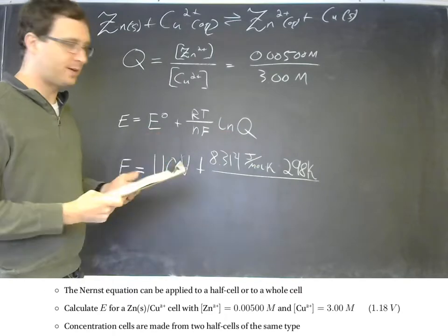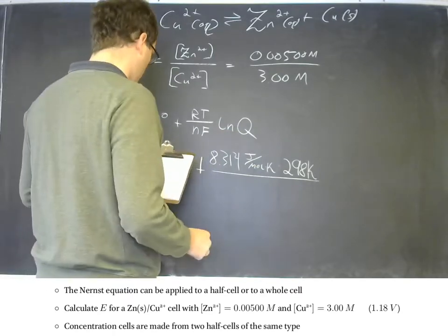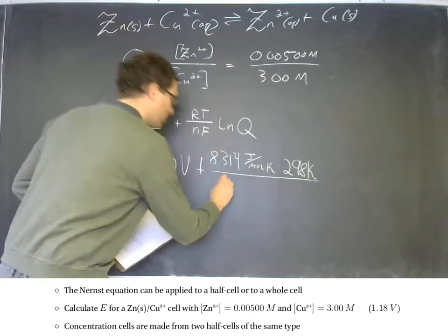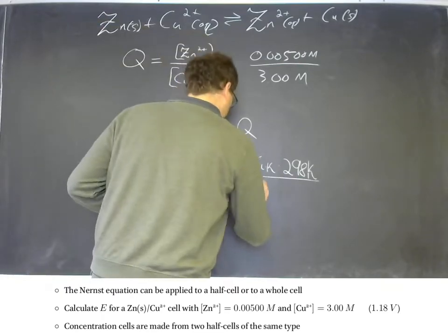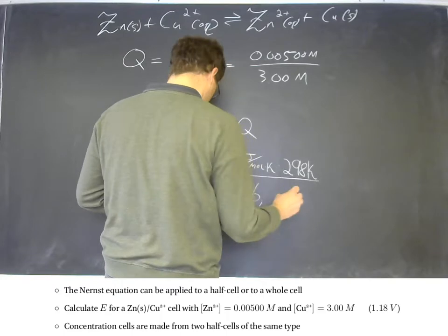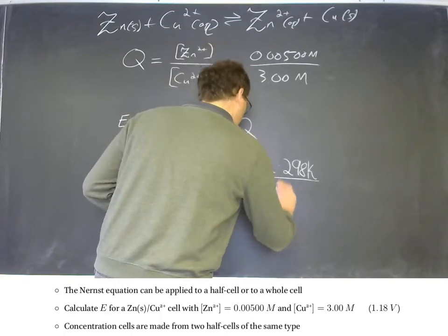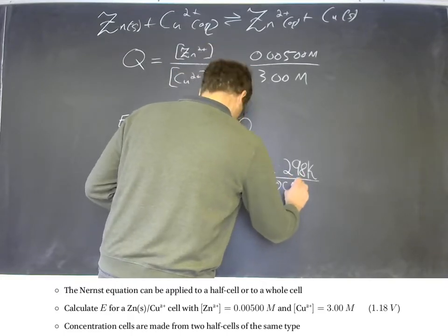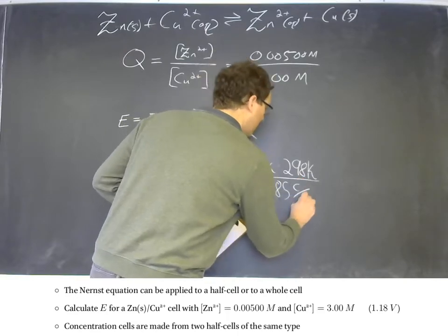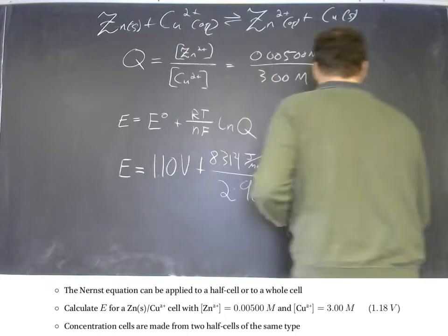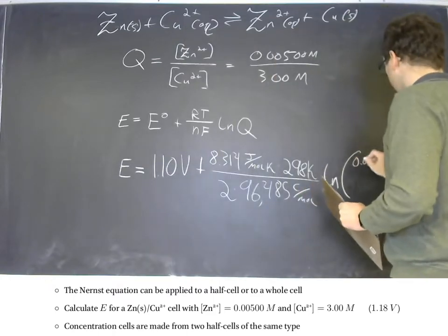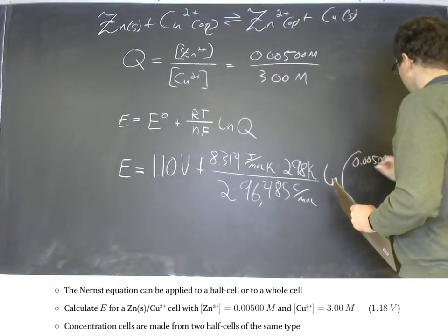Okay, N is 2. And the Faraday's constant is 96,485 coulombs per mole. And then we'll have the natural log of that, 0.00500 over 3.